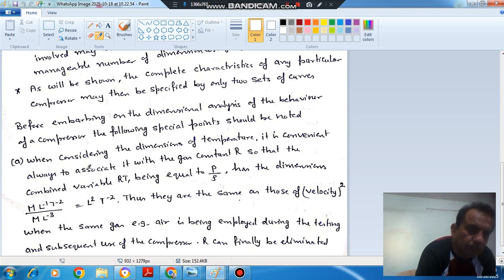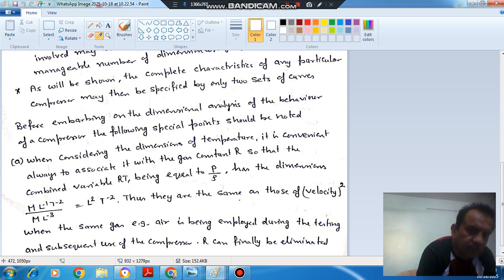How? Suppose temperature is one of the variables. If we multiply it by R, then it will become RT. And for an ideal gas, and in a compressor the gas is ideal, P is equal to rho RT.